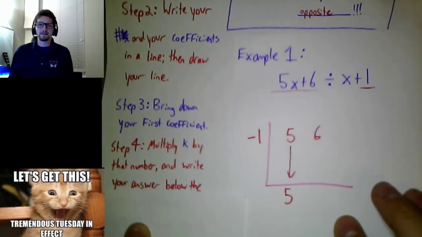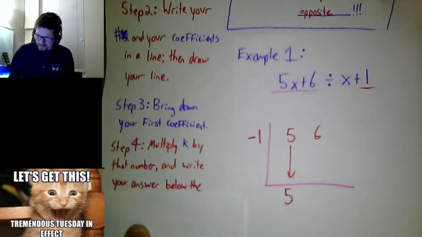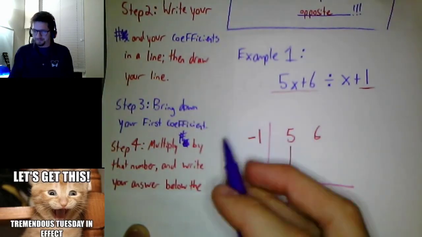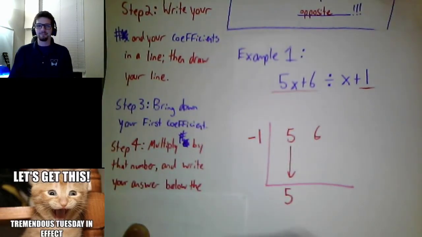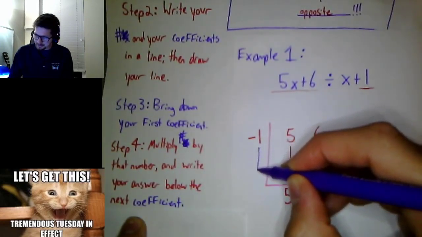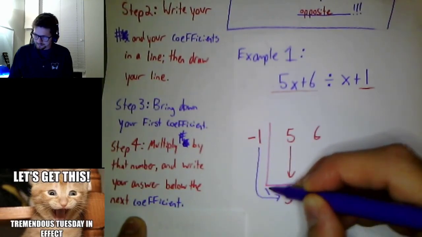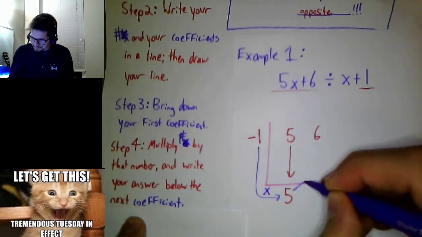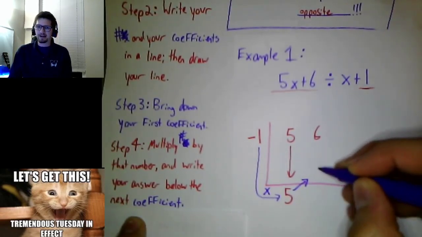Step 4, multiply. Multiply your number by that number and write your answer below the next coefficient. So I'm going to multiply my number by that number, and then I'm going to write that in this spot.